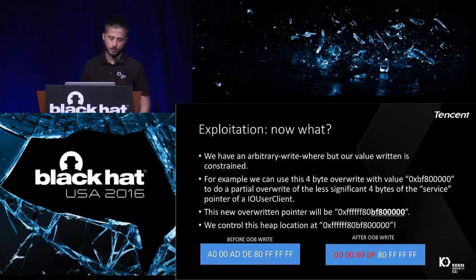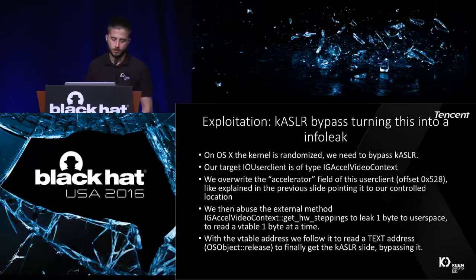So as you can see at the bottom, there is this pointer before and after the overwrite, and after the overwrite, this pointer will point to our controlled heap location.